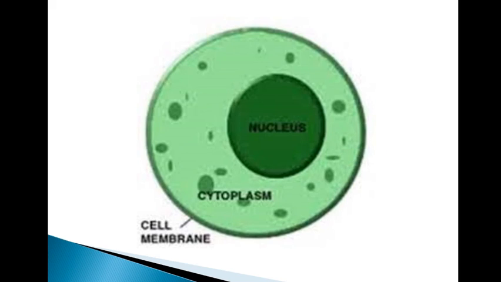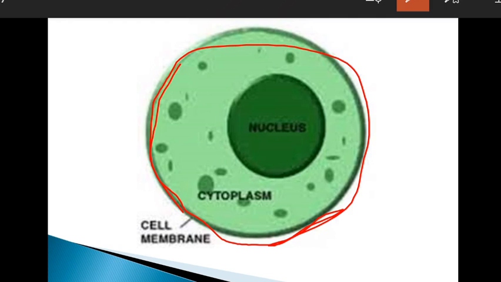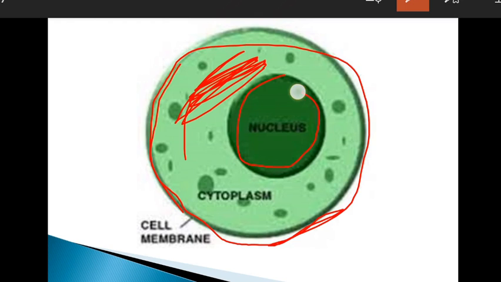And then just look at the image of the cell. So this is the cell membrane. And this jelly-like substance is called cytoplasm. And in the center of the cell, there is a nucleus. The nucleus is spherical in shape.